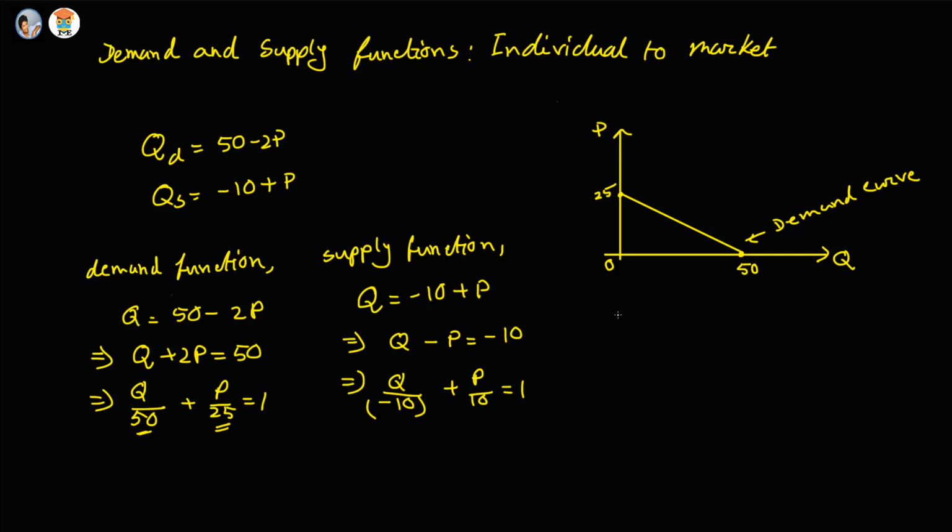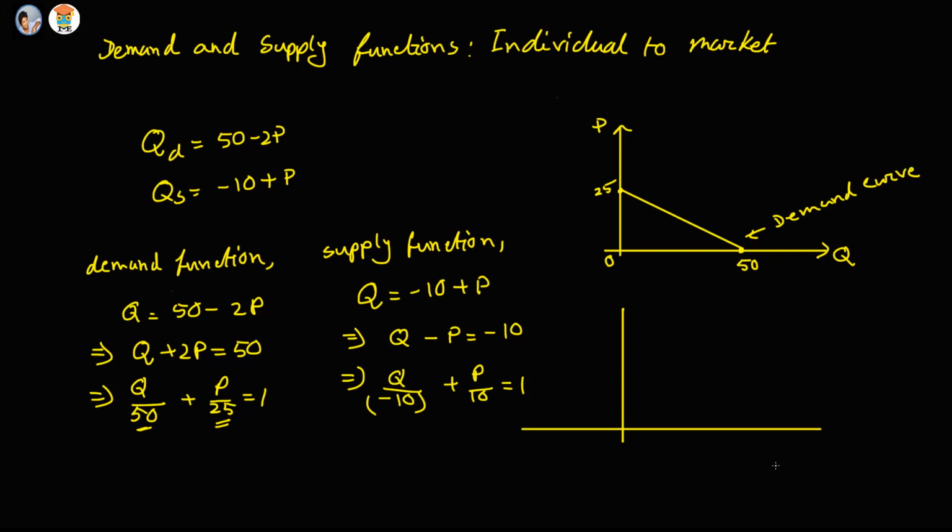Similarly, for the supply function, if we want to draw the supply curve, here we have quantity, this is O and this is price. So this is quantity, here this is minus 10 and here price is 10. Now if we join these two points and extend the line, this straight line is the supply curve. Well, this is all for now.